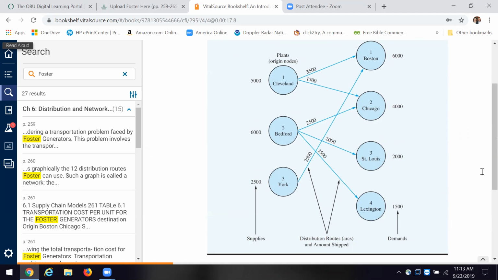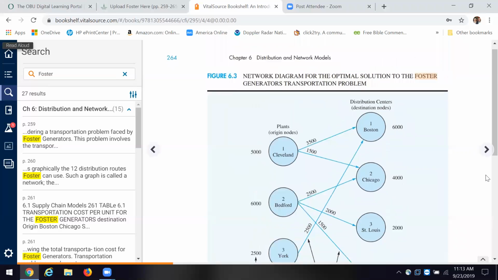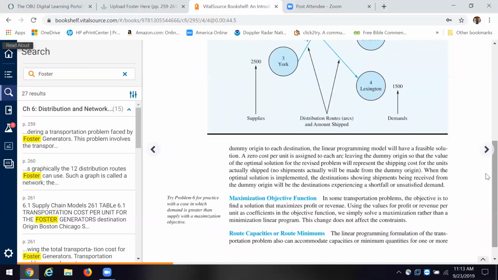Remember that the authors said there's some caveats or qualifiers that we have to be aware of when we try to put these models together, and they can change. They can change very, very quickly. You could see how they've tried to get the supplies and the demands all balanced out. And so that would be the optimal solution.